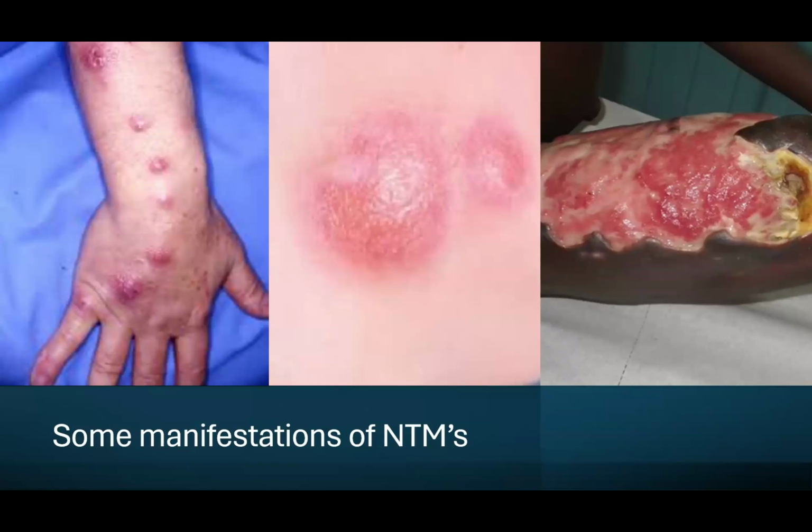They say that sometimes it's actually clustered with the MAC organisms. That would be an underlying lymph node abscess, which can break through and cause a fistula, sinus. And then this is M. ulcerans, causing what is apparently also known as Buruli ulcer, and it's quite a problem in endemic areas, and occurs still in immunocompetent individuals.